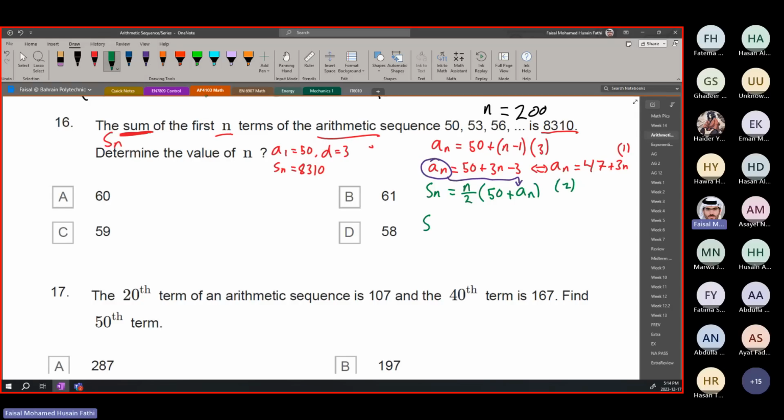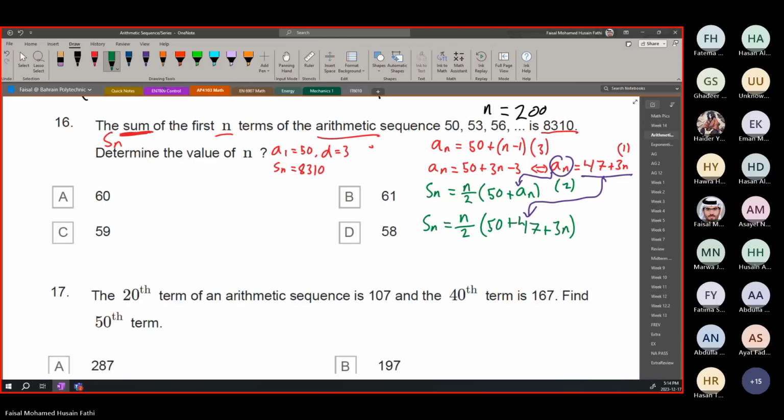So we rewrite Sn is equal to n over 2, 50, plus this An over here. We're substituting. So this value is being substituted in here. All right. So 47 plus 3n.